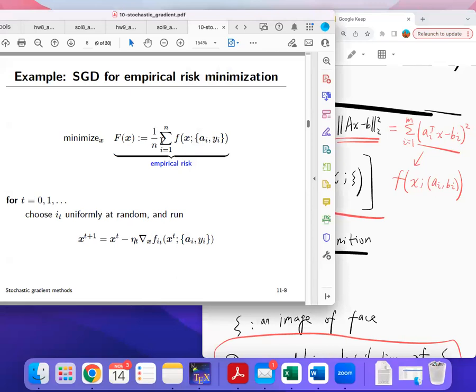Here we have n samples, i from 1 to n, and 1 over n sum over i is taking the average of this sample loss. For every i, we are looking at a different sample, a_i and y_i. You can imagine a_i is the image and y_i is the label, for example, if we want to do image classification. x is the decision variable that we want to optimize.